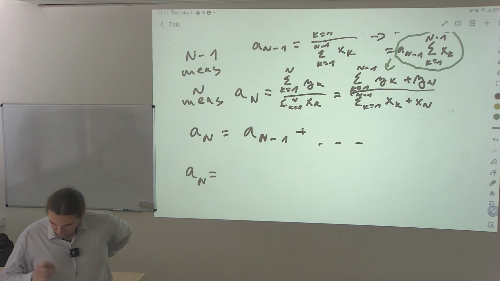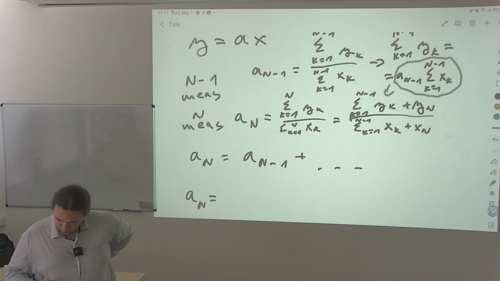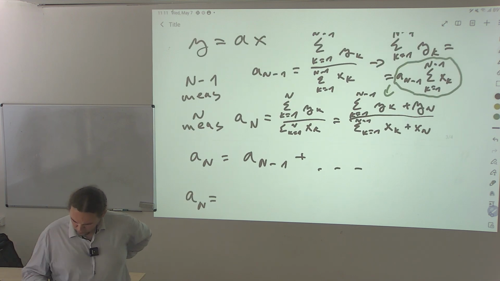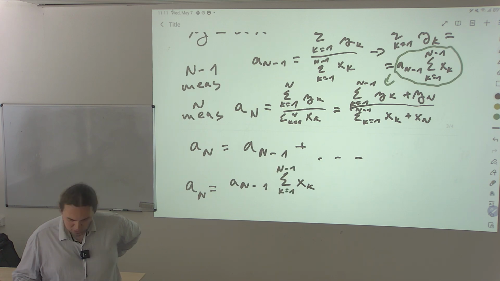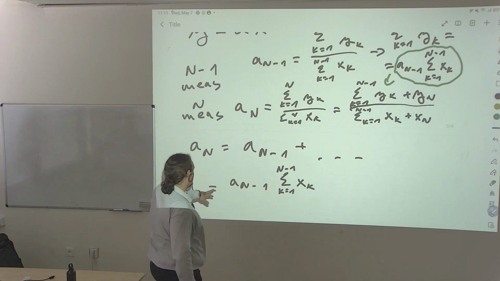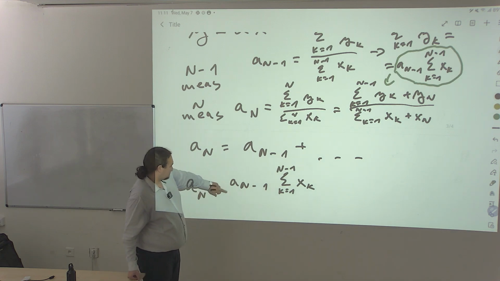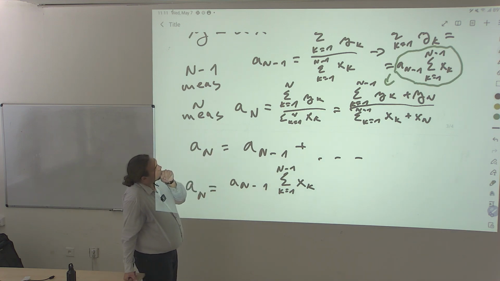An is equal to what? An minus 1 times the sum of xk, k equal to 1 to n minus 1. Yeah, that's the thing in the green bubble.